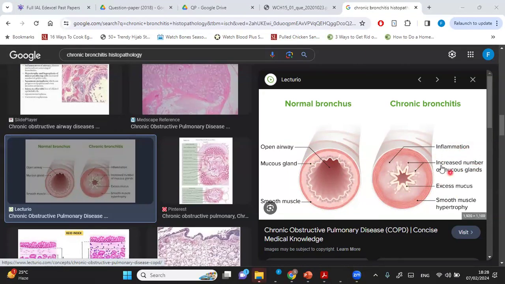So there are going to be an increased number of mucus glands. Then the smooth muscles will also thicken. Hypertrophy means thickening. Why are they going to thicken? Because of the excessive coughing. Then due to the constant irritation as well as infections, there is going to be inflammation, which is going to lead to further swelling of the tissue.